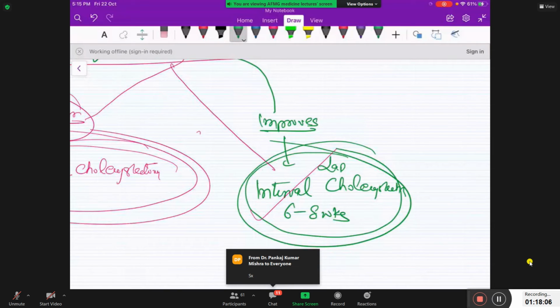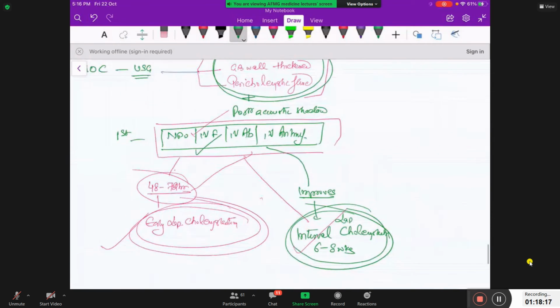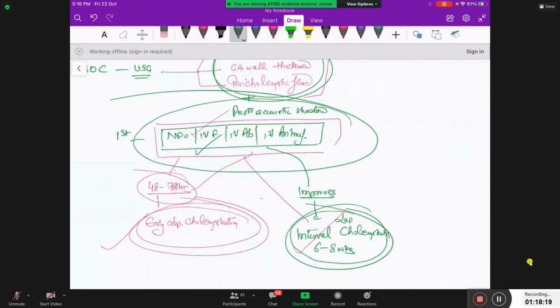If this question was asked previously, the answer would have been conservative management. Now it is early laparoscopic cholecystectomy.